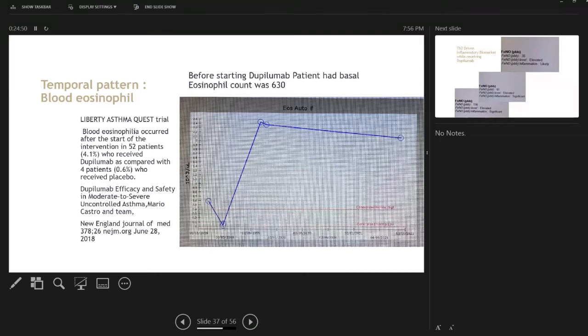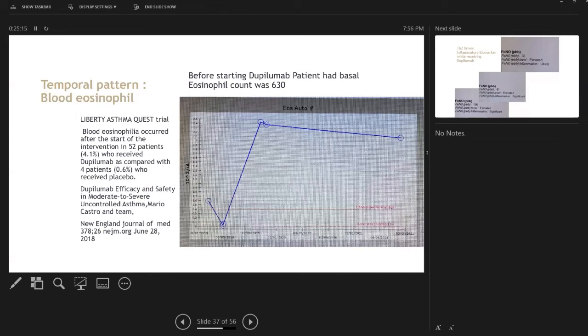Do you see this in your practice? Yeah, they report eosinophilia, but in 10% of patients. Does it persist? I saw in one of the studies, and I'm sharing it here, that of 52 patients at the start, 4% who received dupilumab developed it, as compared to 0.6% who received placebo.